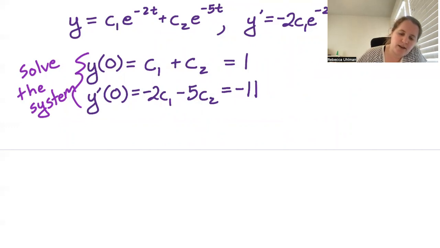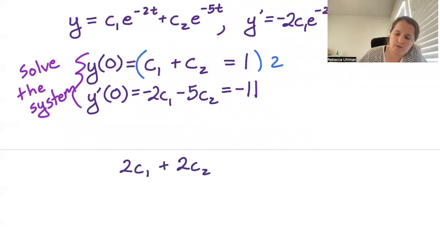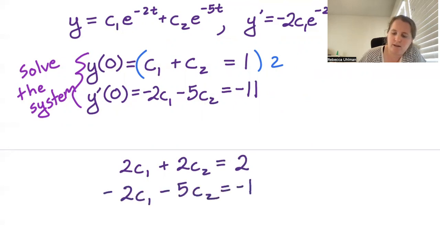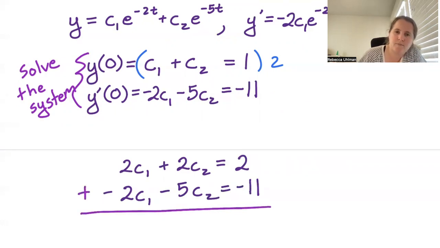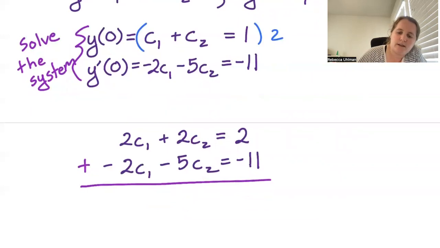So if we multiply this first row by 2, we are looking at 2 times c1 plus 2 times c2 is equal to 2. And we have negative 2 times c1 minus 5 times c2 equals negative 11. If we add these two equations to each other, the c1s cancel out.